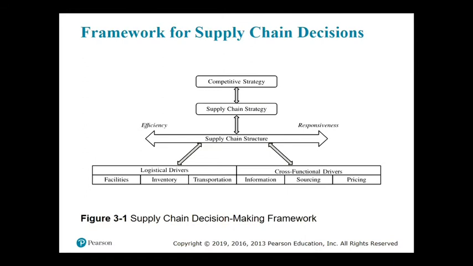So take the IKEA example. What they're trying to do is deliver furniture items at a low cost and at acceptable quality. So they use modular design and unassembled furniture to carry components in inventory at the retailer warehouse.